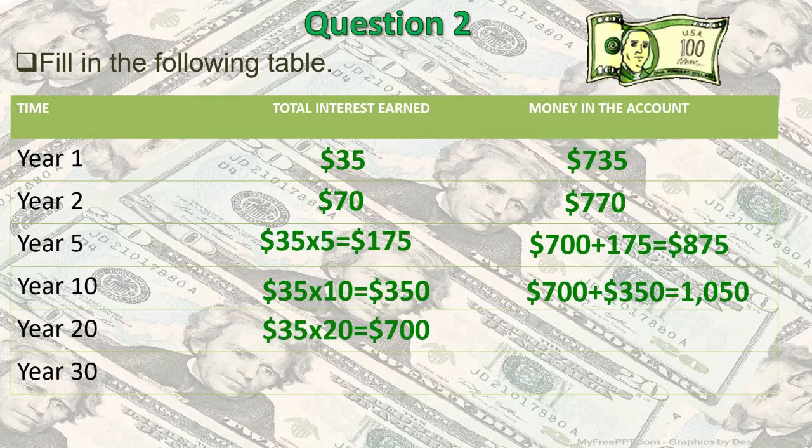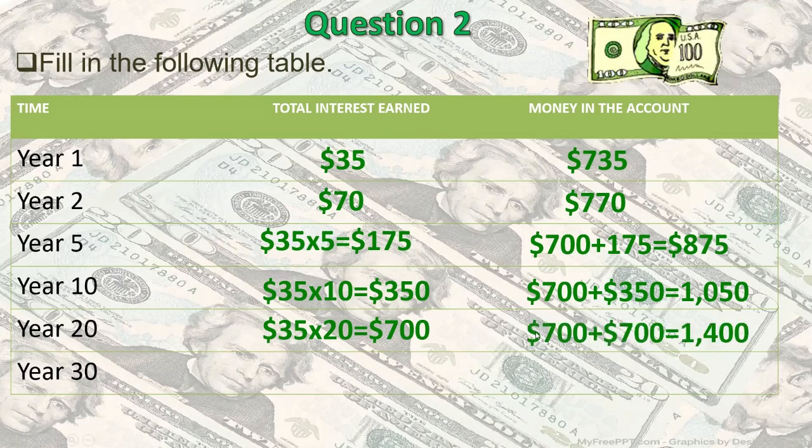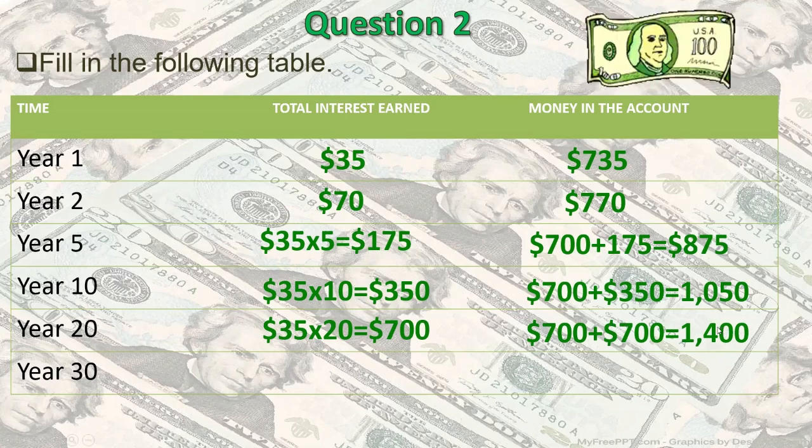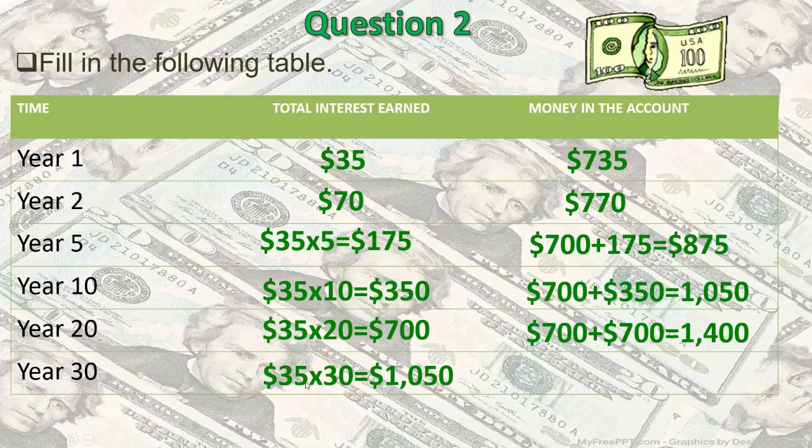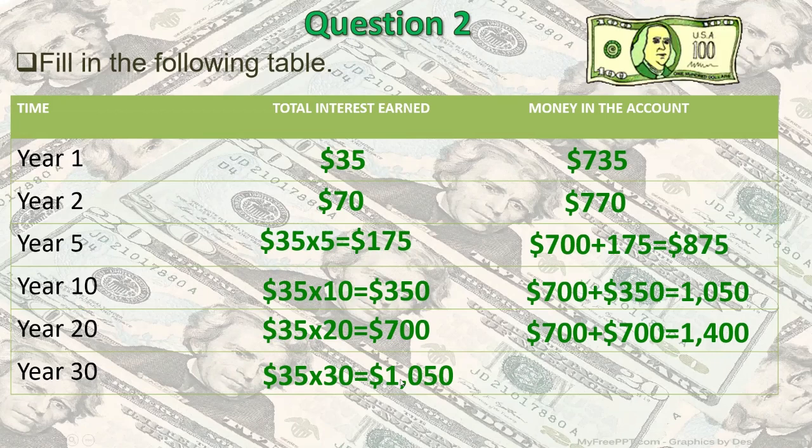We do this after 20 years. $35 times 20 gives us $700. So now we have our original $700 plus the $700 we earn in interest for a total of $1,400. And then after 30 years, $35 times 30 will be $1,050.